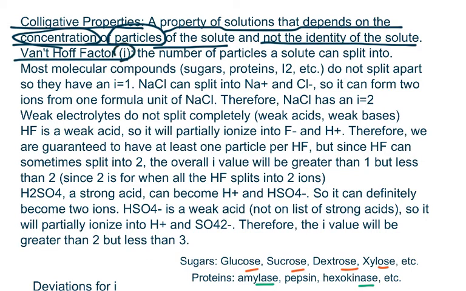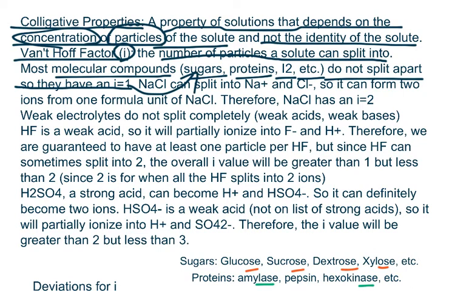Now, before we continue, let's talk about this concept called a Van't Hoff factor, which is abbreviated as the letter i. This factor tells us the number of particles a solute can split into. Most molecular compounds, including sugars, proteins, I2, etc., do not split apart when they dissolve, so they have an i value of 1, since basically there's only one particle.